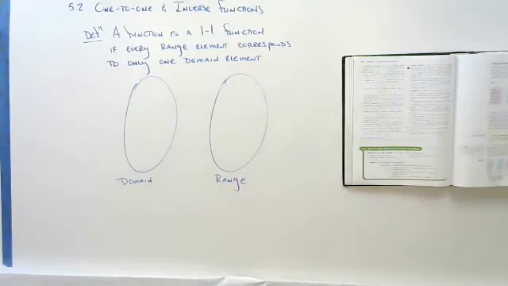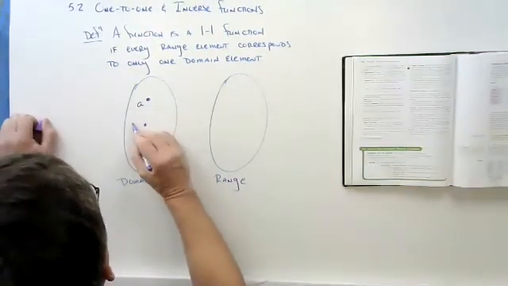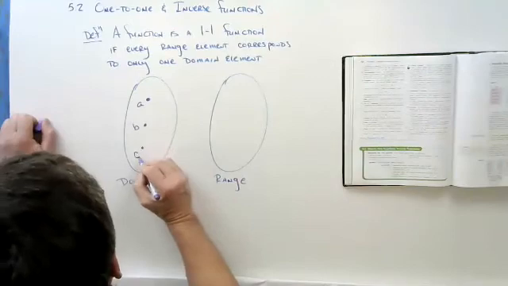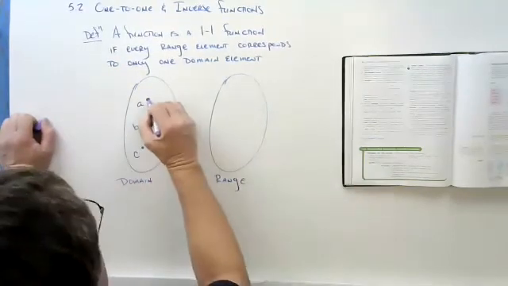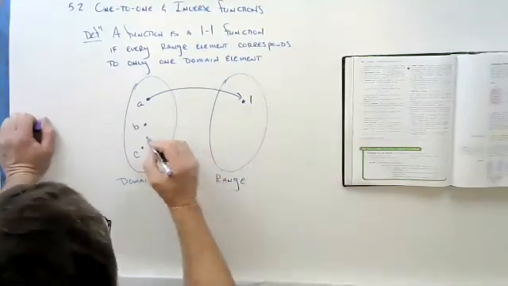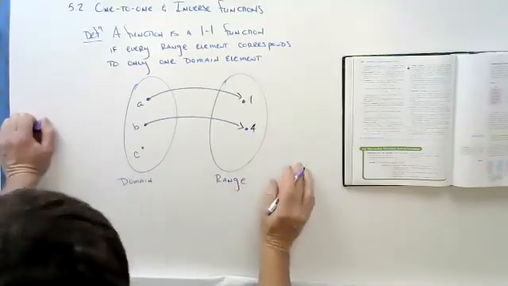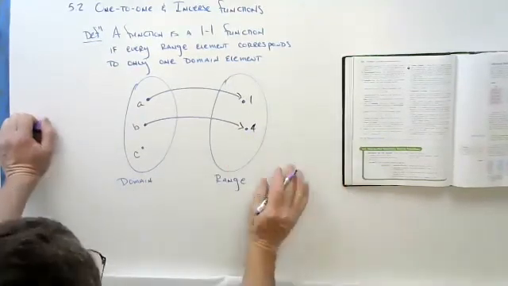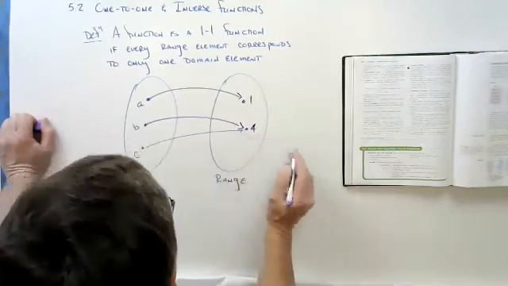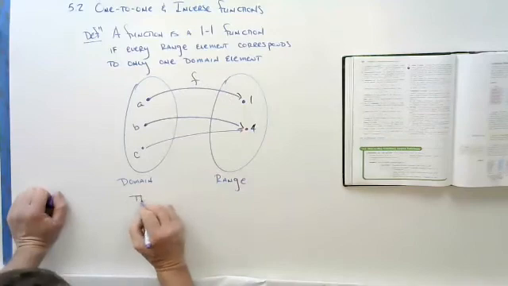Okay, let's talk about Algebra 1. In Algebra 1, you had a teacher, I hope, and they said, if this is A, and this is B, and this is C, A turns into 1. Let's just make it turn into 1. B turns into 4, because you thought I was going to write 2, so I wrote a 4. C turns into 4. This is a function.